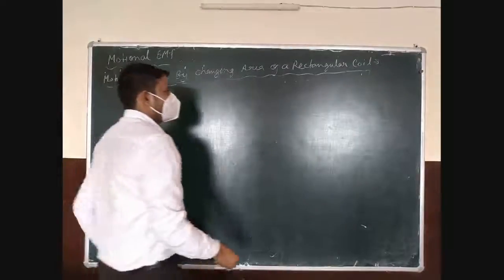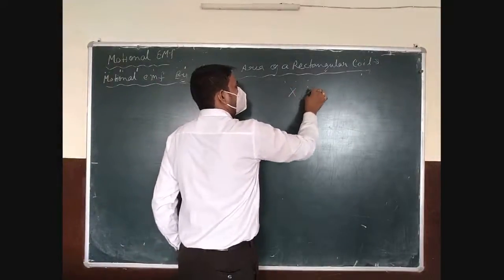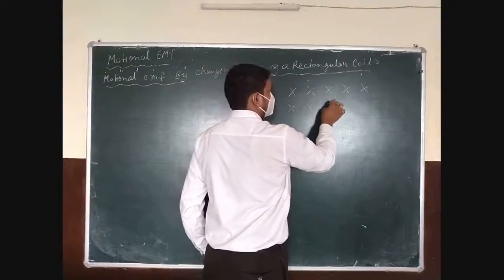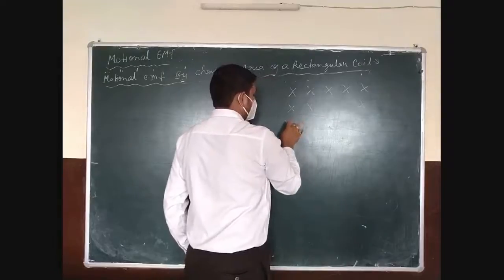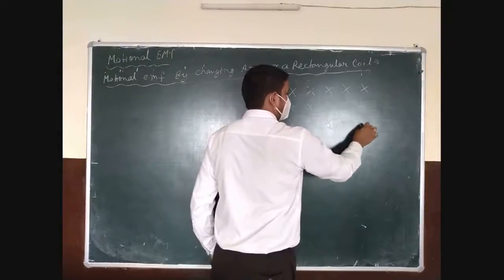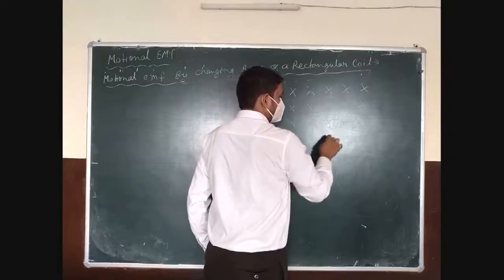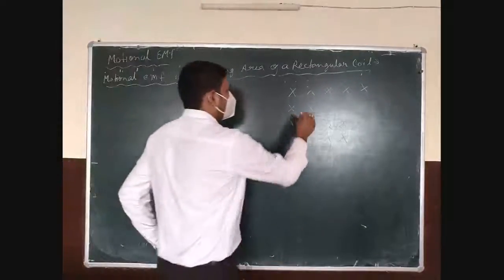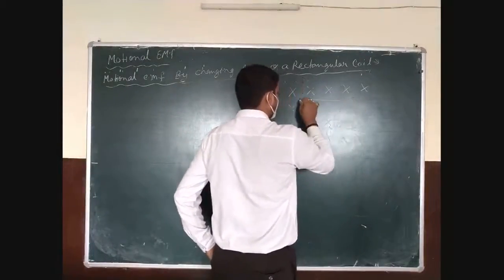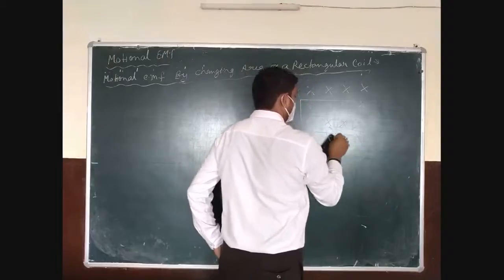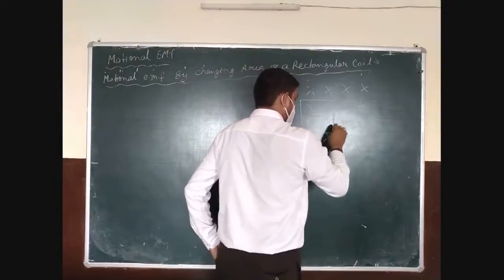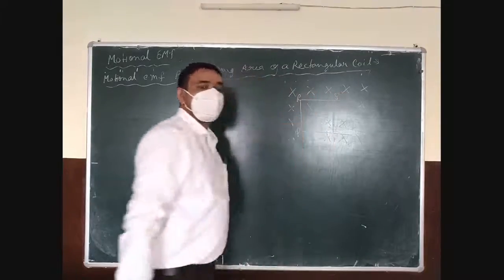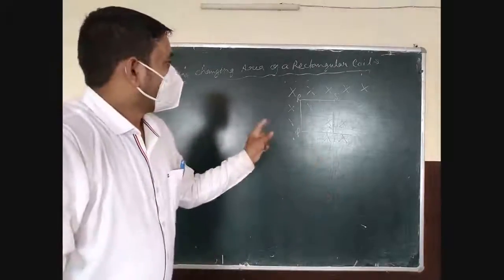For this we have an inward uniform magnetic field, and a rectangular coil PQRS is kept in the uniform magnetic field.